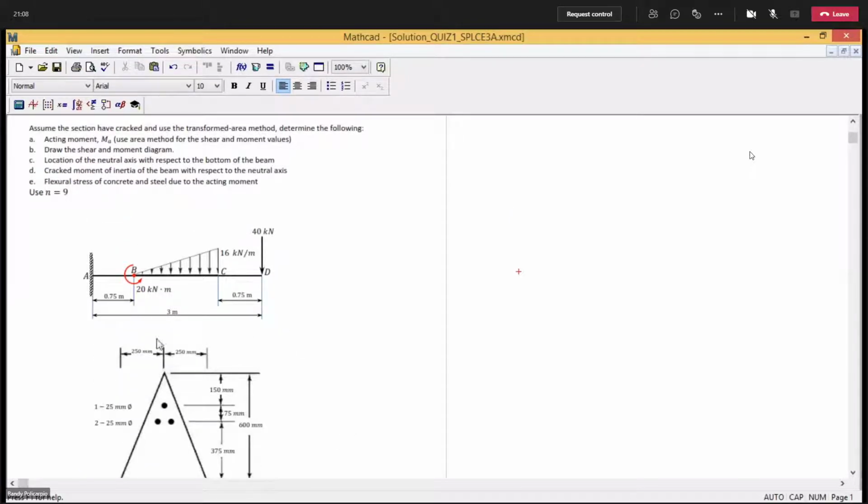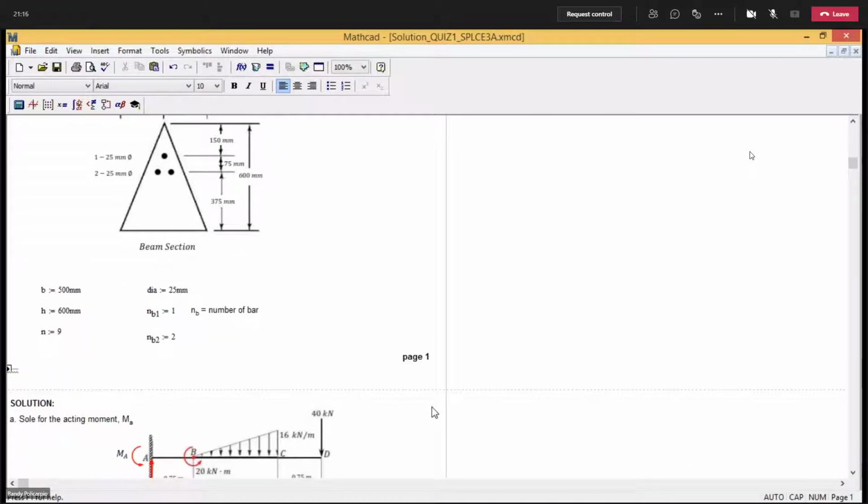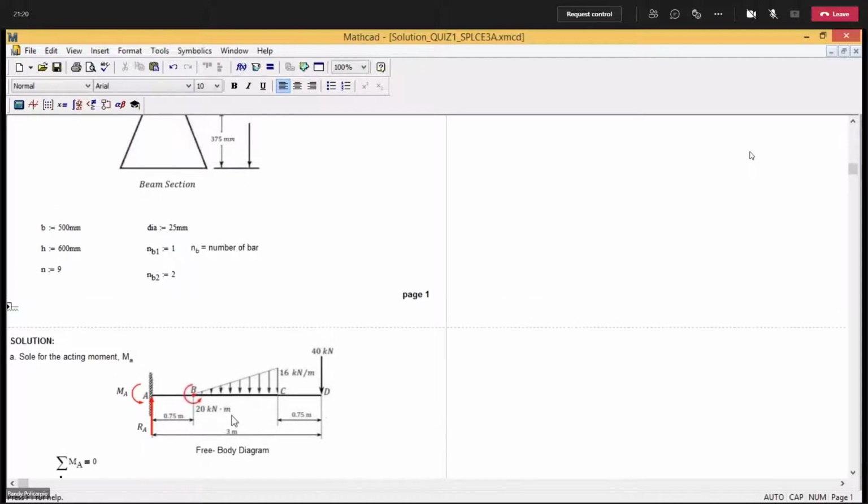Okay, so but before doing that, we need to consider first A and B, no? So to determine the shear and moment values, first you need to solve for the reaction and moment at the support, no? So this is now the free body diagram.